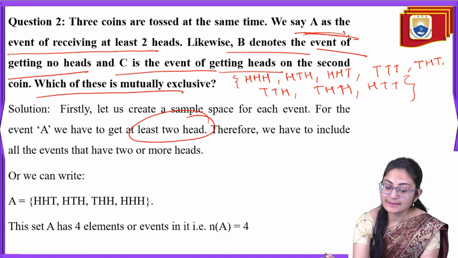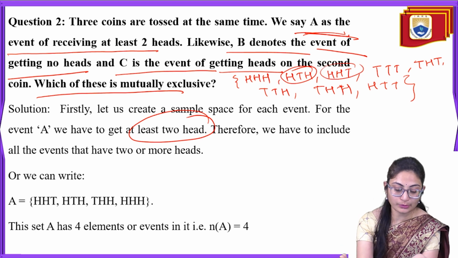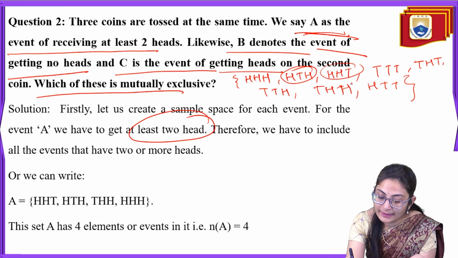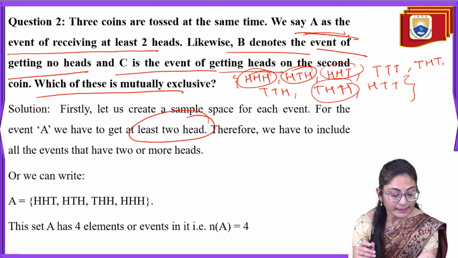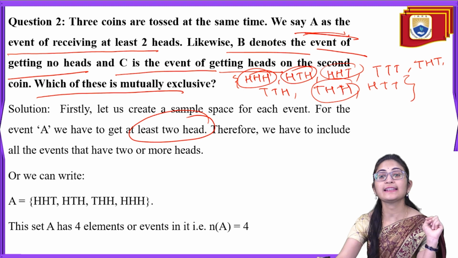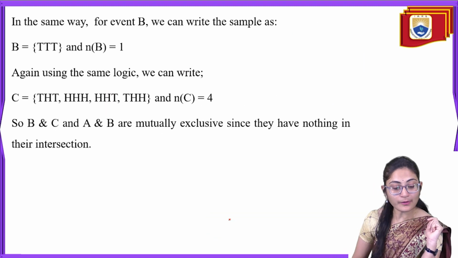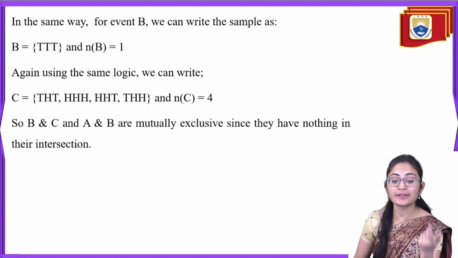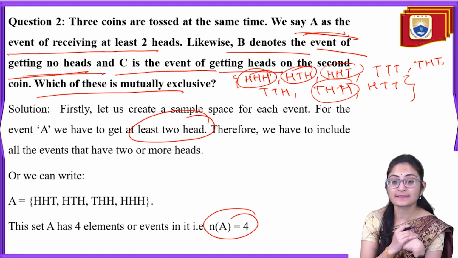At least 2 heads means 1, 2, 3 and 4. And A has 4 elements in it, that is n of A will be 4. In the same way, event B is no heads.